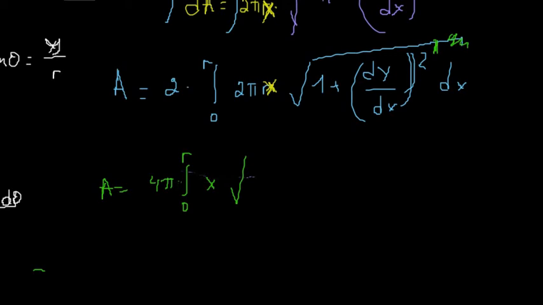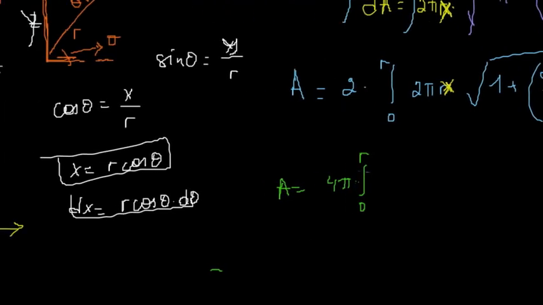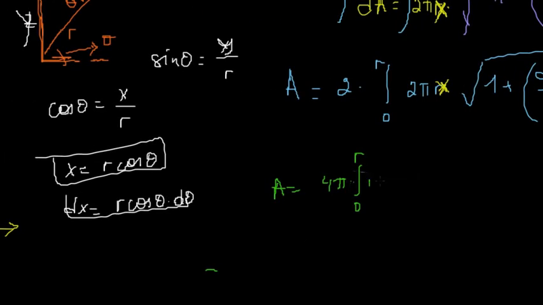We know that the x here is equal to r cosine of theta, right? 2 pi goes out, we are left with x.